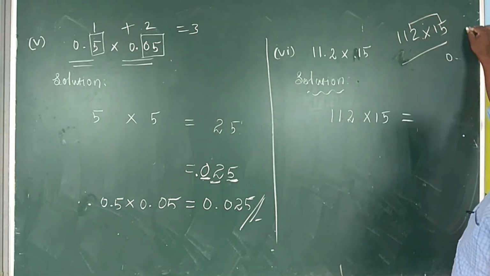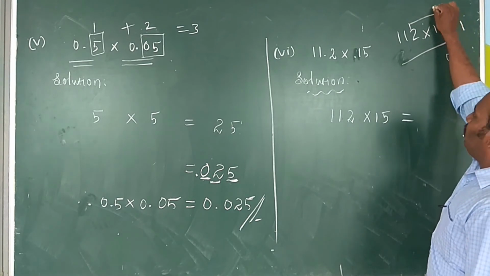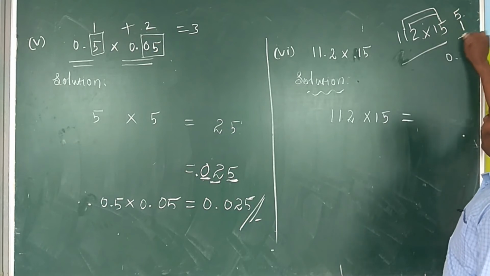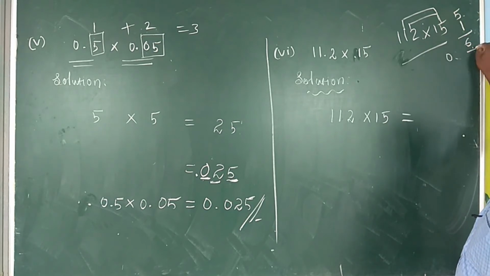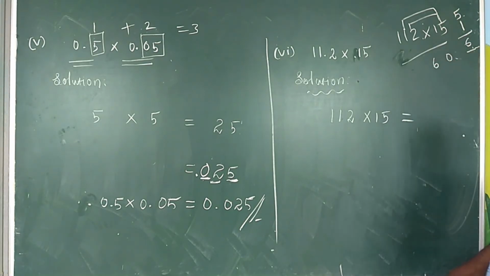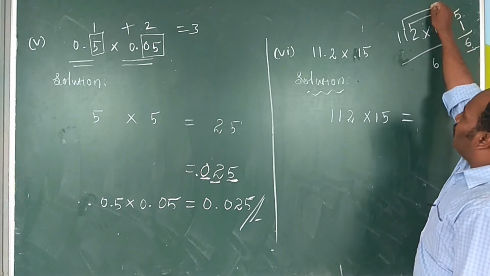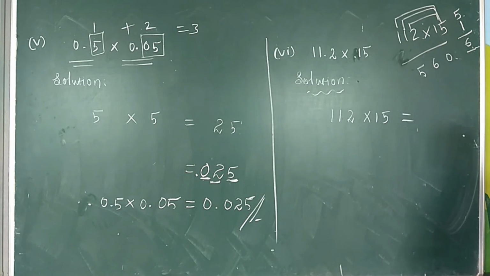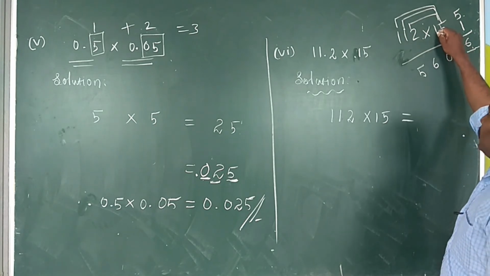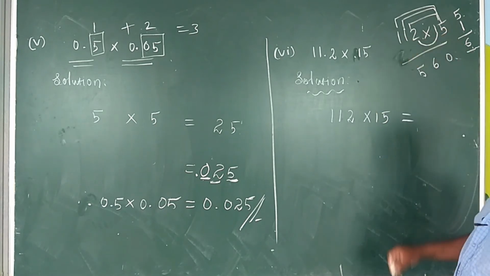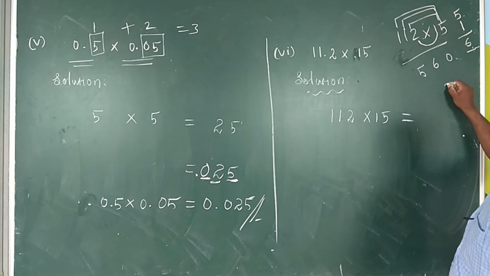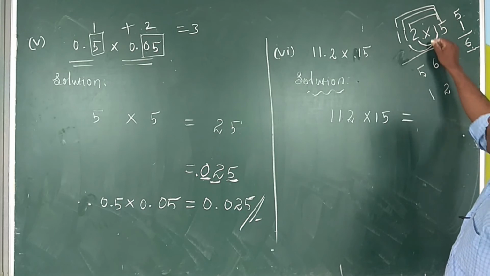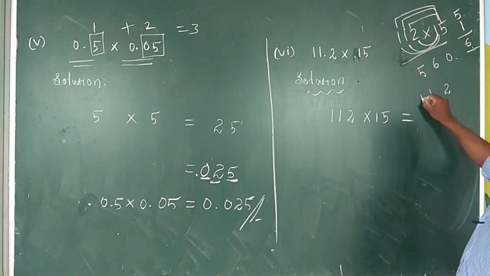Write 0, carry the number 1. Then 5 into 1 is 5, 5 plus 1 is 6. Write 6. The next 5 into 1 is 5. Next, we multiply 1 into 2 is 2, 1 into 1 is 1, 1 into 1 again is 1.